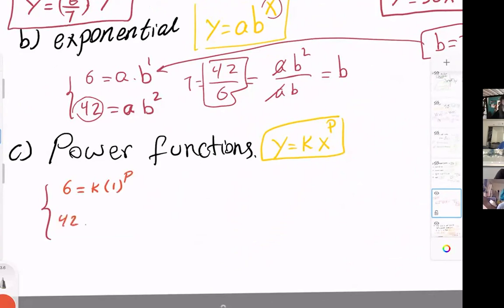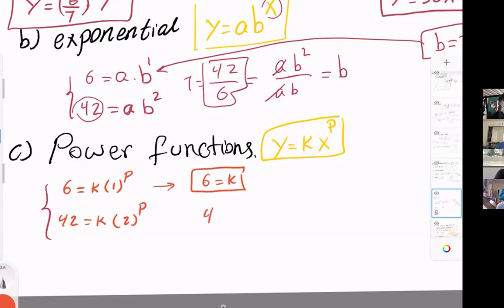Then 42 equal to k times 2 to the power of p. Those are the points, x and y. So here we got 6 equal to k, which is great. We solved for k.